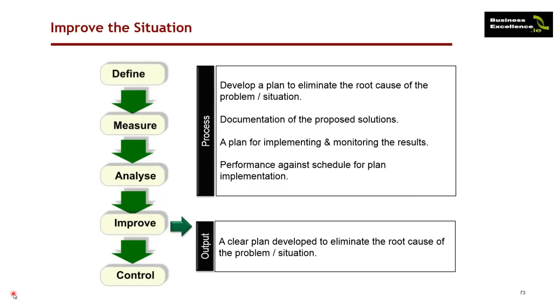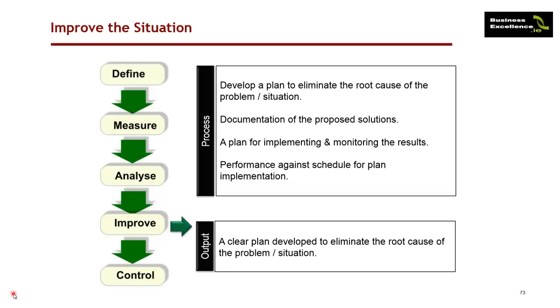Now that we understand the root cause, the next phase in the process is to improve the situation, i.e., how do we come up with a plan to eliminate the root cause of the problem? It might be important to document exactly what we are going to do. It's also important to document exactly what impact the solution has on the root cause.